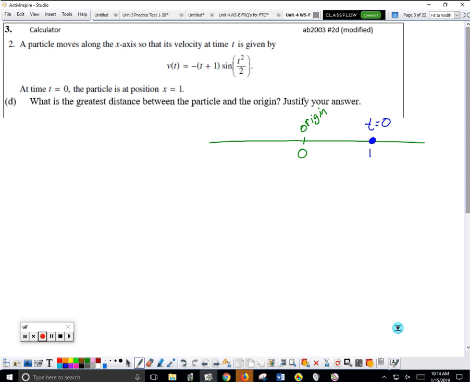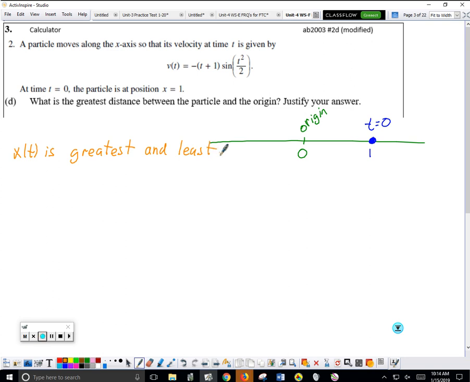So really, when the particle is to the right of the origin, its position is positive. When the particle is to the left of the origin, its position is negative. So the question is really wanting to know, what is the most and least value of the position? So I'm going to write down x of t is greatest and least.